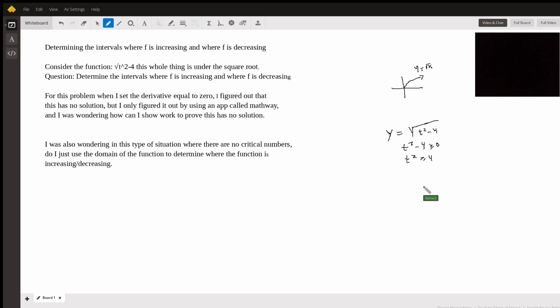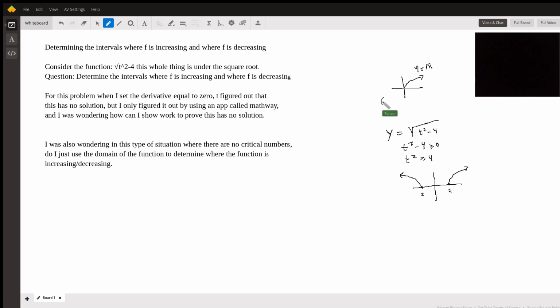If you think about that solution, this implies that you have a graph that's here and here, at 2 and negative 2, and the graph is going to look like this. It's just going to look like a square root function graph, and it's going to be symmetric, and it's undefined here.